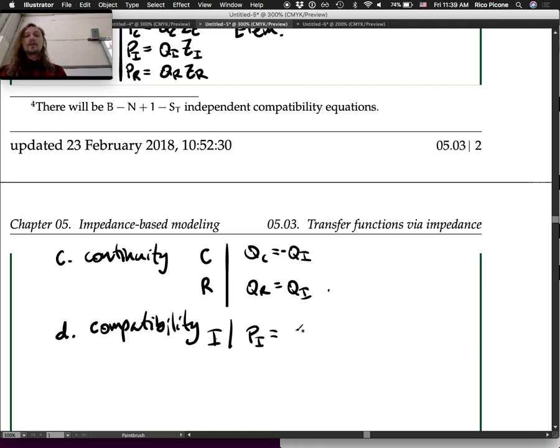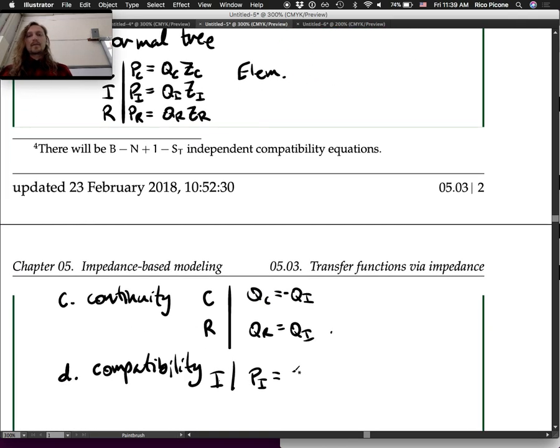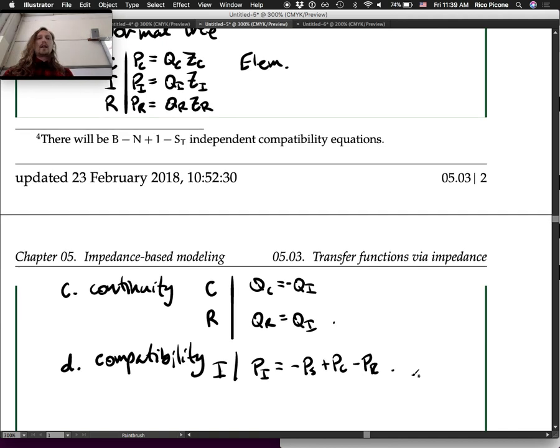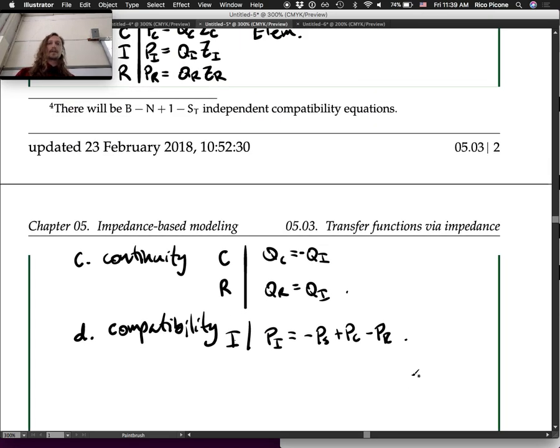PI equals negative PS plus PC minus PR. Okay, so those are our continuity and compatibility equations.